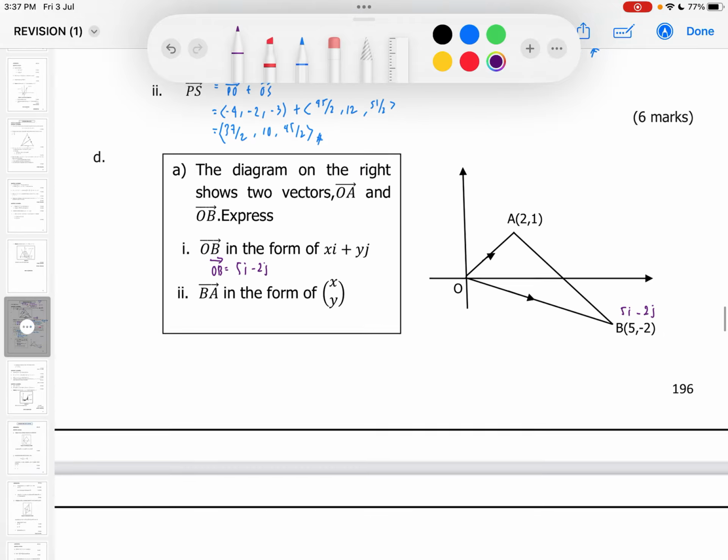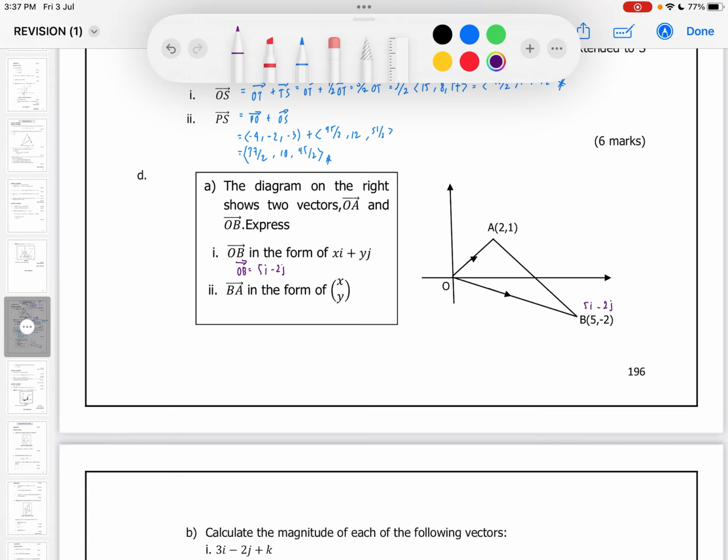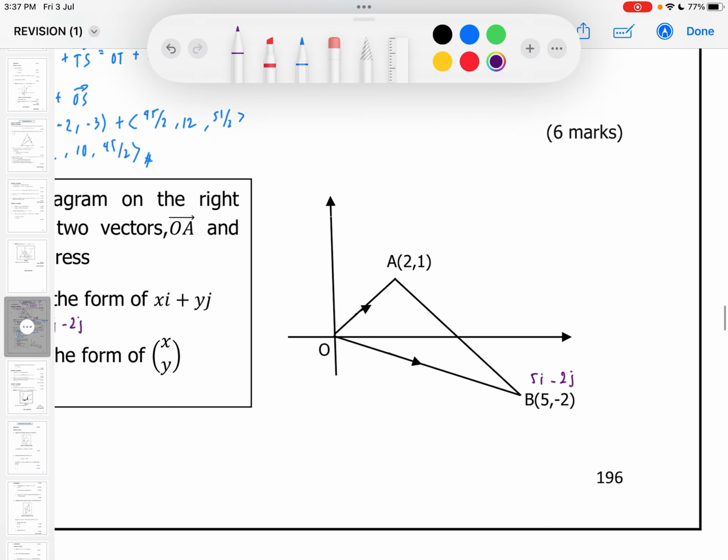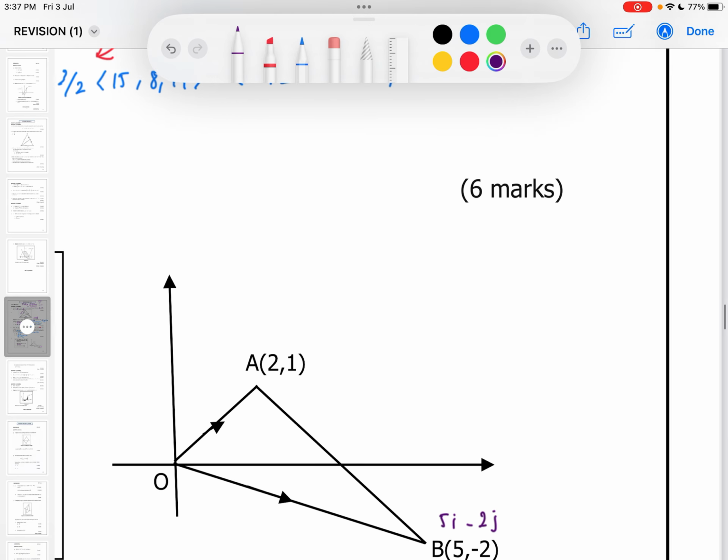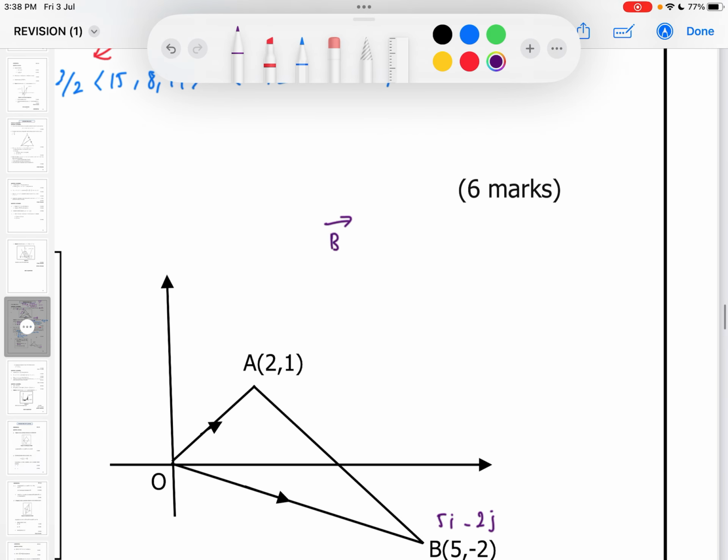Okay, BA in the form of x and y. So BA, we can just do BO plus OA, or if you prefer OA minus OB, up to you, but I prefer BO plus OA. Gonna do it here. BA equals to BO plus OA.